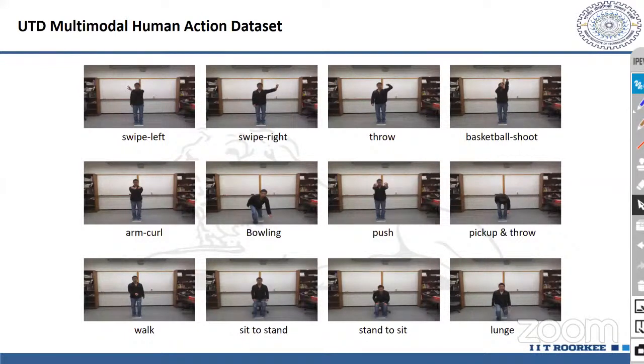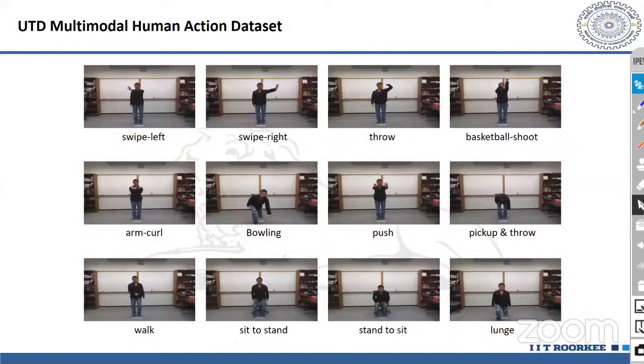Here we have the University of Texas multimodal human action data set. Multimodal in the sense a person may be using some extra device in the hand or somewhere, so that will also generate a signal. Here you're seeing throw, push, bowling, walk, basketball shoot, etc. These are some of the actions.